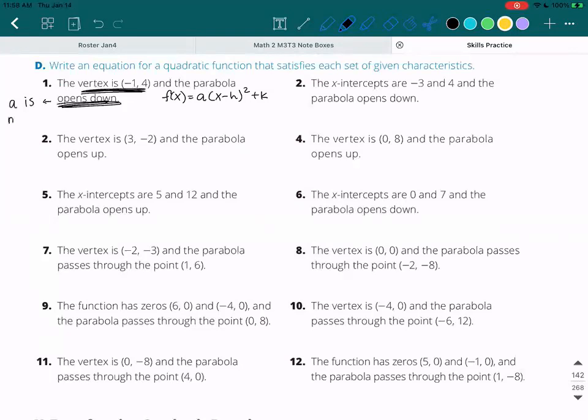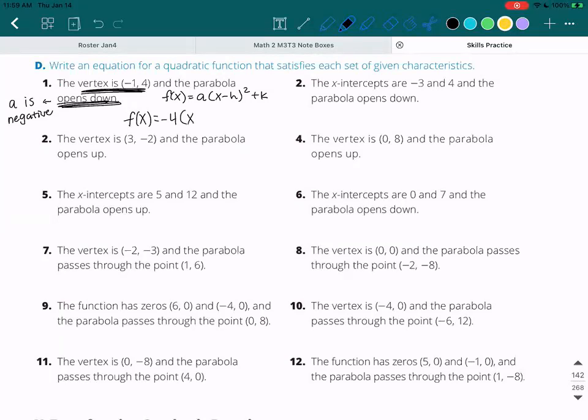Negative. Good. So we get to come up with any negative a value we want. f(x) is equal to negative what? What do you want? -4. -4, great.